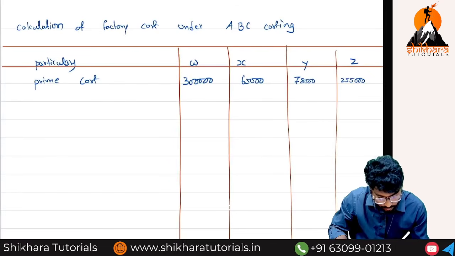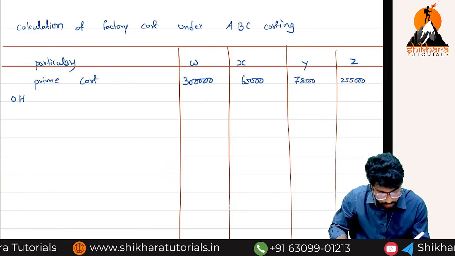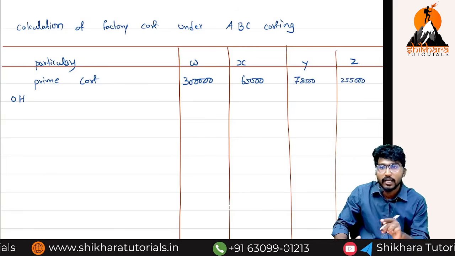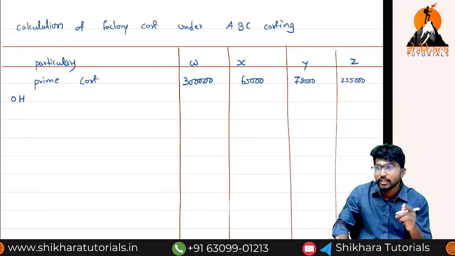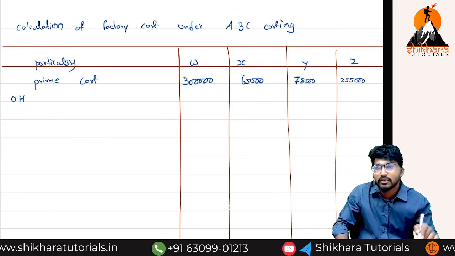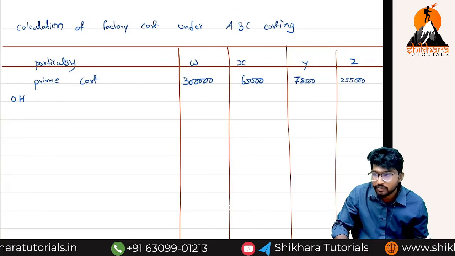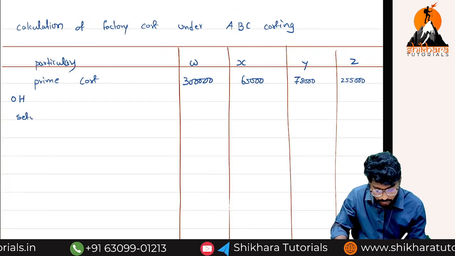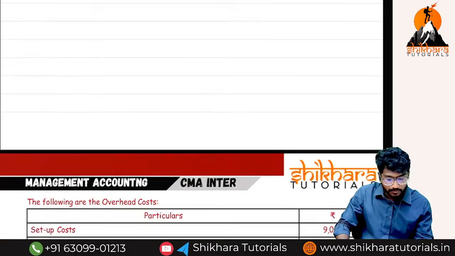Next, overheads. In the traditional costing system, we treated all overheads as the same, but in the activity based costing system, we will use different rates or different cost drivers for different types of expenses. What is the first activity? Setup.